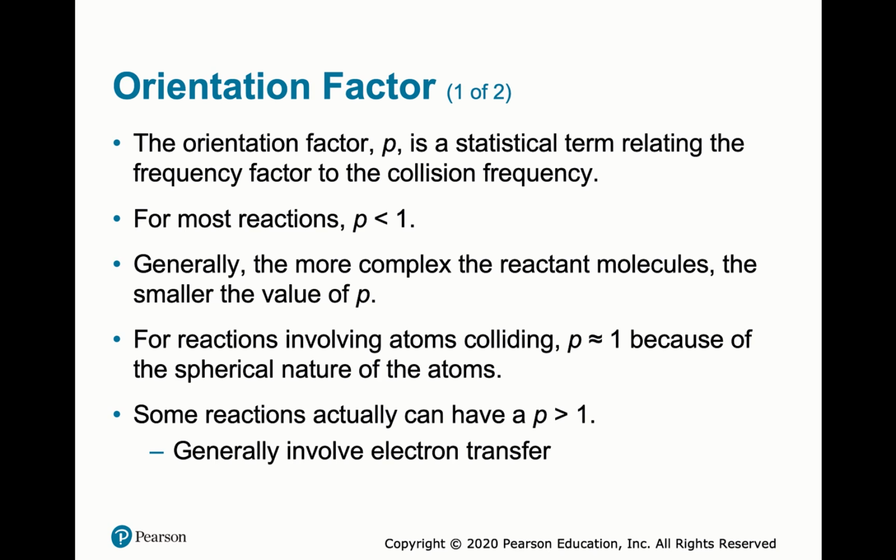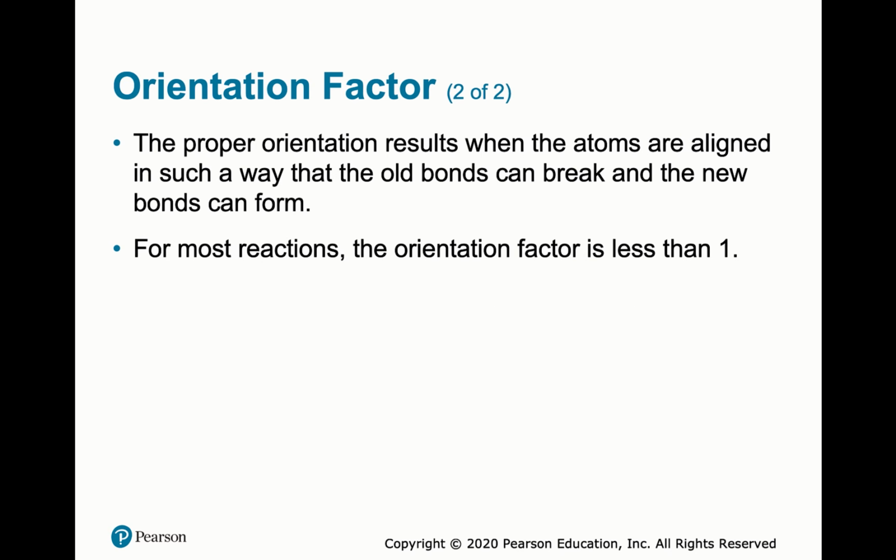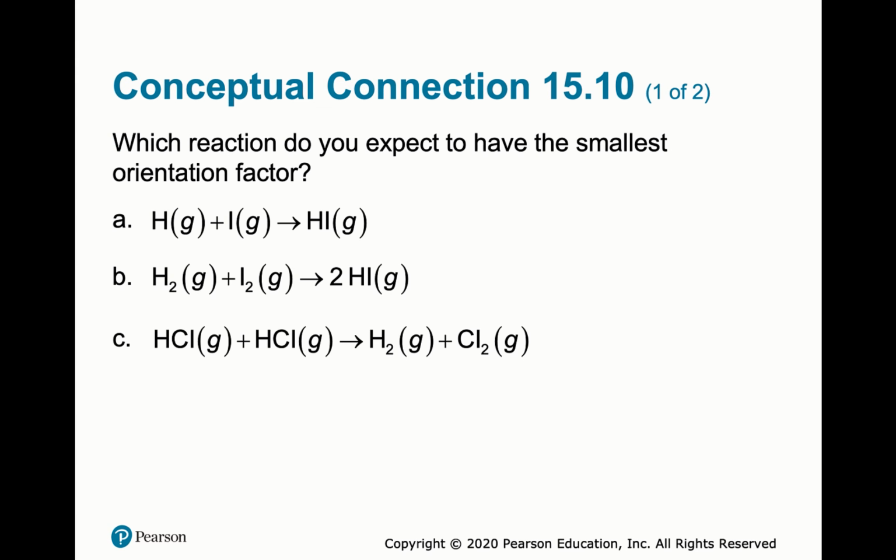So you can have unexpectedly higher than you'd expect. So proper orientation is important. And again, this is more complicated because they actually can dance around each other, like I said. But for most reactions, the orientation factor is much, much less than 1. It's really, really small, actually.